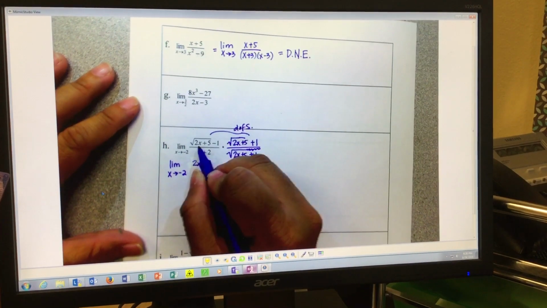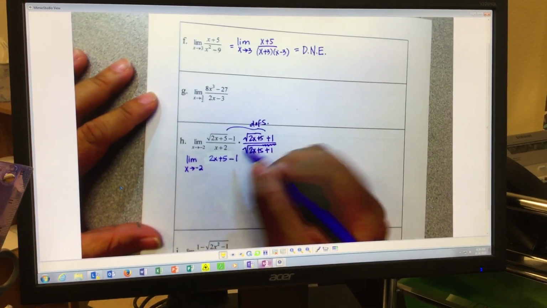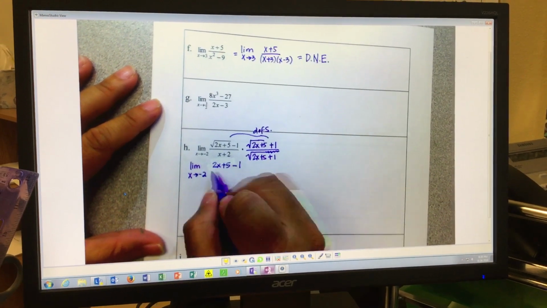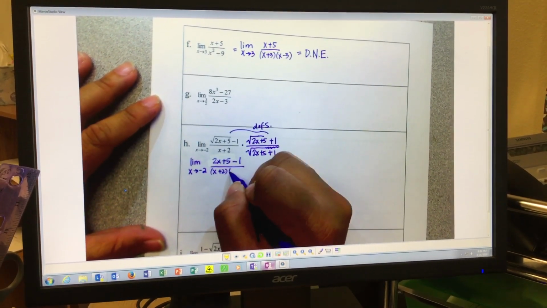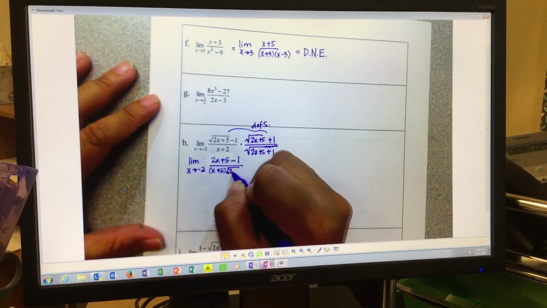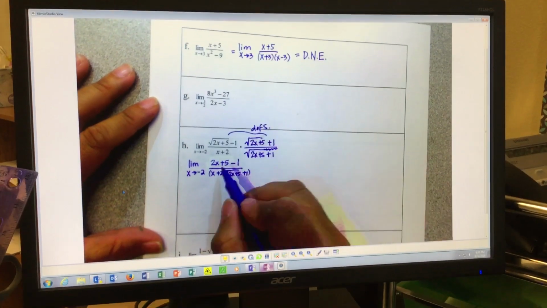If I square these two, it just gets rid of the radical, and then minus 1. On the bottom, I'm just going to keep it as x plus 2 times the square root of 2x plus 5, plus 1.